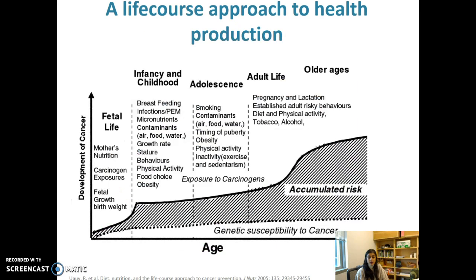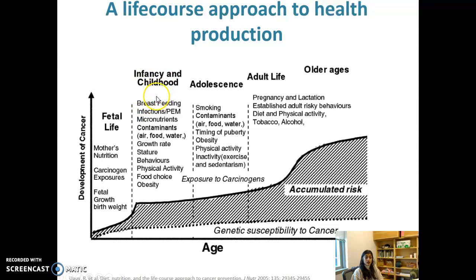So just to give you a better quick look at the life course approach in detail, say we take the disease cancer, fetal life, it might have been connected with mother's nutrition, exposure to carcinogens during gestation, fetal growth, and birth weight. We looked at birth weight quite a bit in the fall.